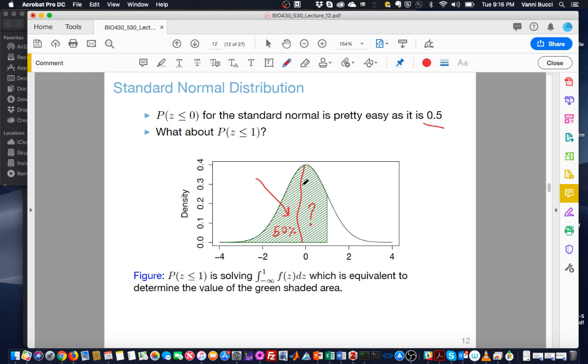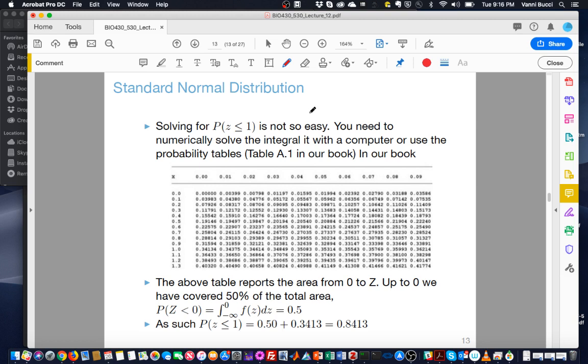But when people didn't have R, they tabulated the area under the curve of the standard normal distribution. Depending on the type of book that you have, there are different ways that people have tabulated.